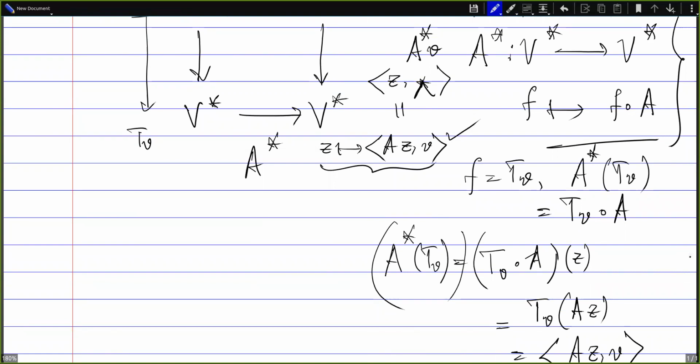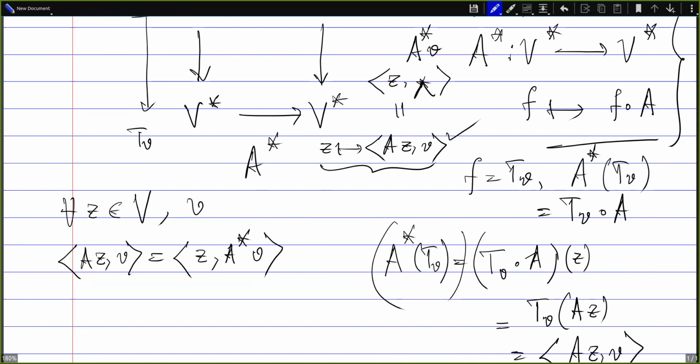According to our definition, for every Z in V, the inner product of AZ and V is nothing but the inner product of Z and A star V. This holds for all Z and all V. That's what we have seen.